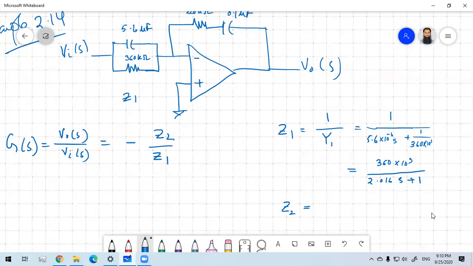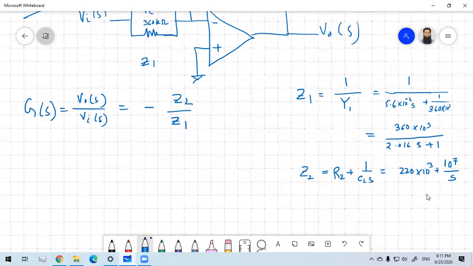So it will be 220 into 10 to the power 3 (R2) plus 1 by C2S, which is 0.1; if you take it into the numerator, it will be 10 to the power 7 by S. Okay, so Z1, Z2 is calculated.